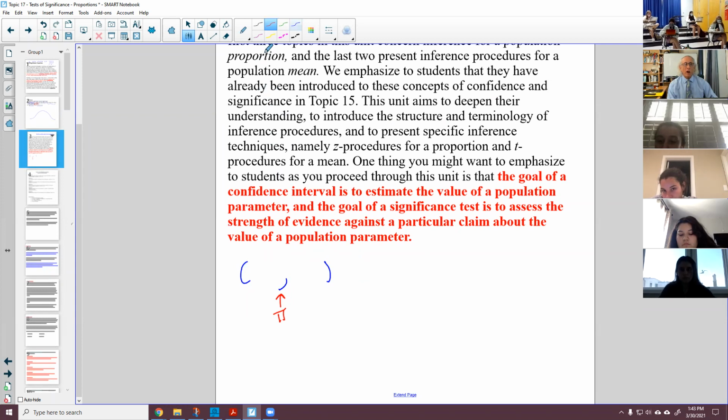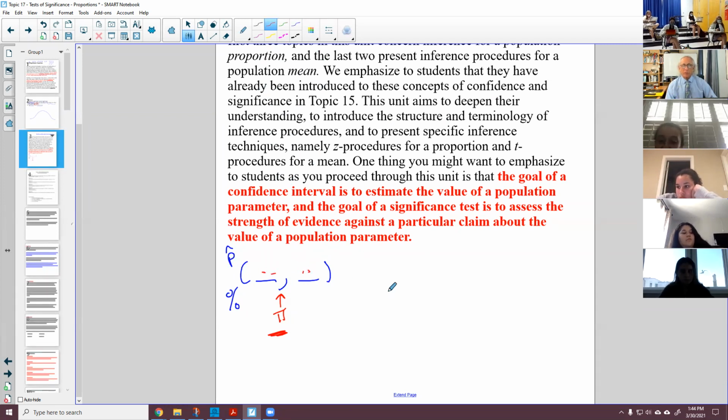So we calculate a confidence interval using our p hat. We get two endpoints, and we are a certain percent confident that our population parameter lies between those two points.